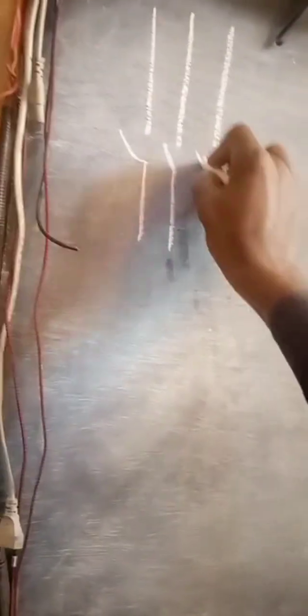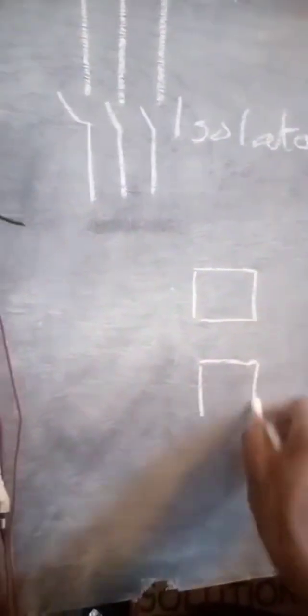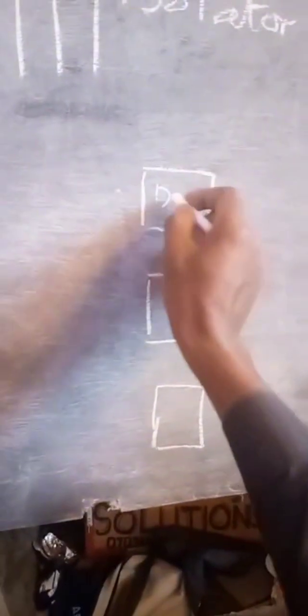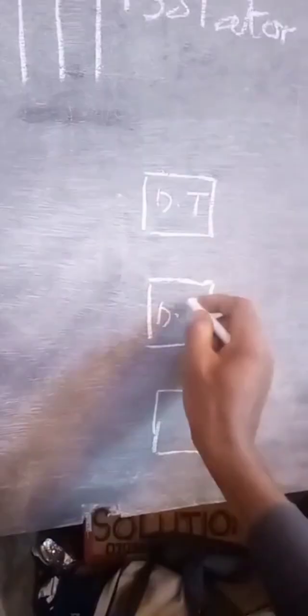So this being our distribution line, first of all we need to have an isolator. This isolator is your switch. That can be able to cut power to these transformers. Let me use a schematic diagram, assuming these are my distribution transformers.